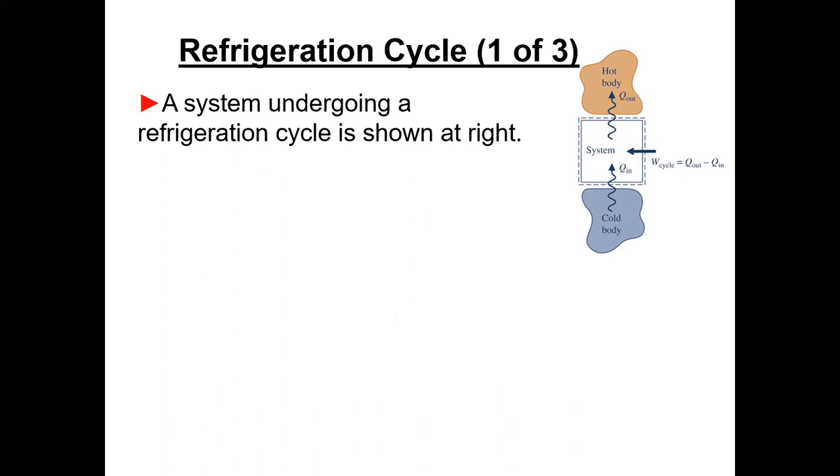And the hot body is out there, assume it's 90, 95 degrees. So we run the cycle because we want to pull that Q in out of the room, and we want to stuff it outside, because that's the only place we've got to put it, one way or the other. But in order to do this, we have to have some work input to make this cycle operate, okay?